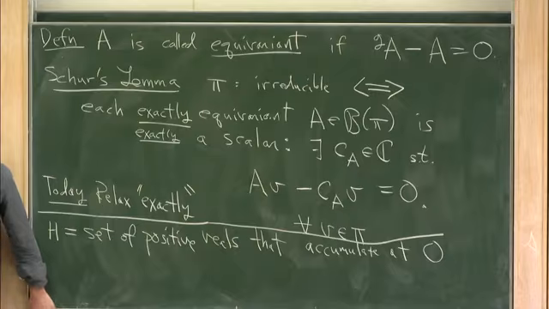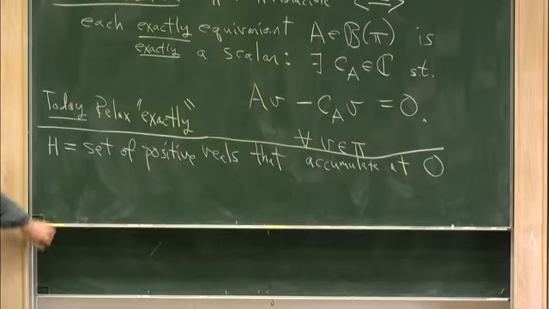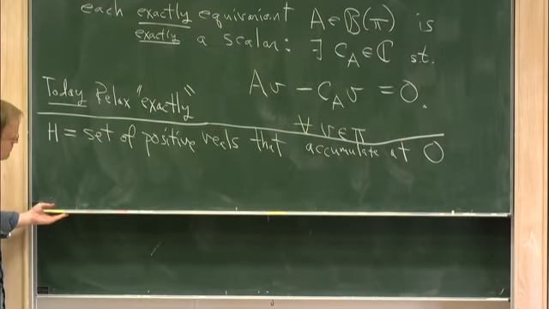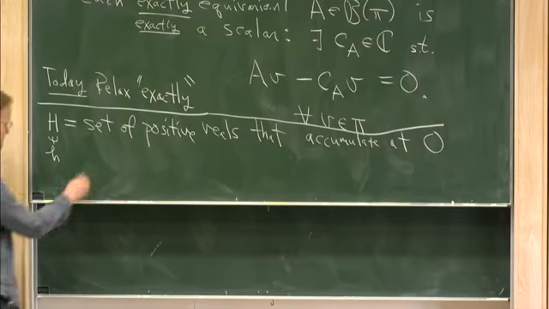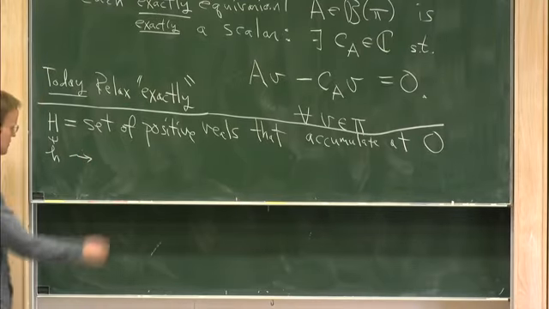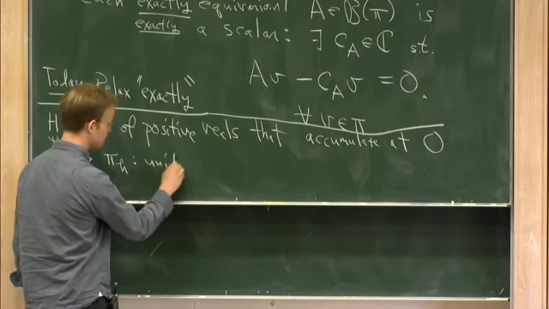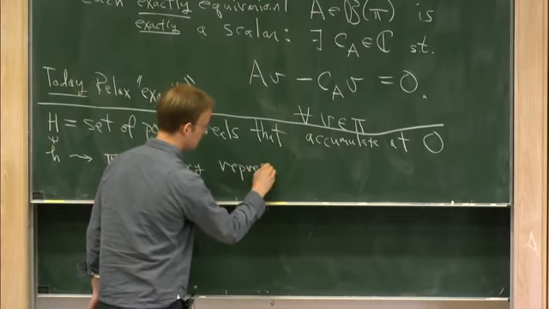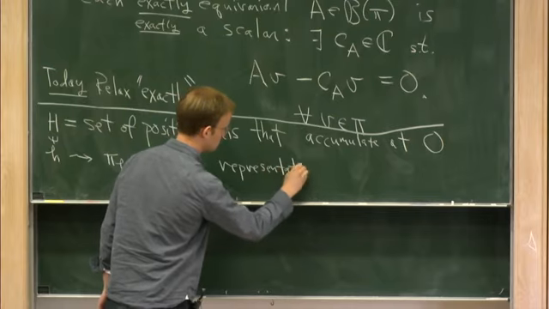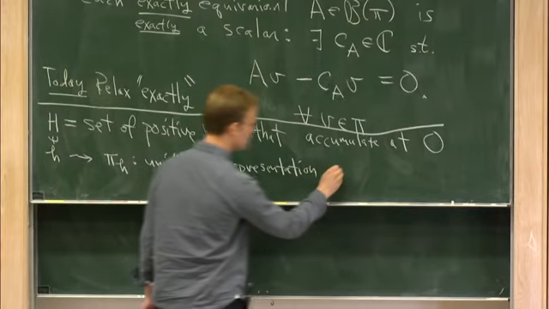So for example, the inverses of the positive integers would be an acceptable set, or the interval 0, 1. So I'll denote by h an indexing parameter. And for each such, I'll assume given a unitary representation pi h of this Lie group G.